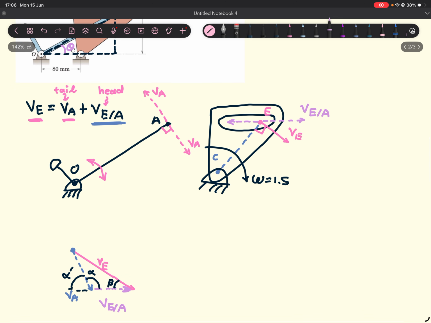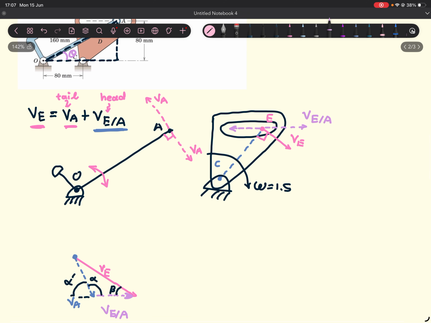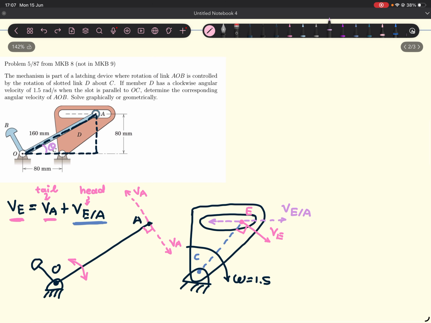And what I first want to do is look at the vector VE. I know that VE is going to be perpendicular to the line CE, so I'm going to draw that line in, from C up to E, and I'm going to draw in the vector VE. I know that this is going to be perpendicular.